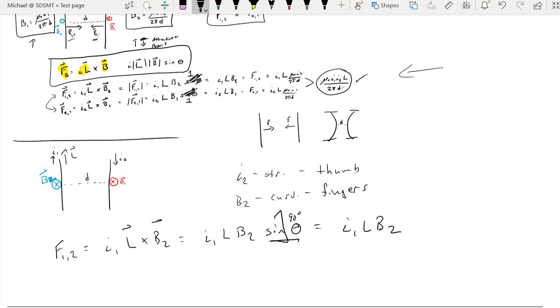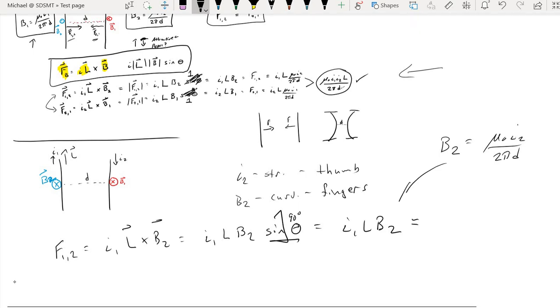So we're still getting the same magnitude of force. And if we plug in what we know about field 2, it's still made up of mu naught I2 over 2 pi d. It's the same field magnitude, it's just pointing in a different direction now.